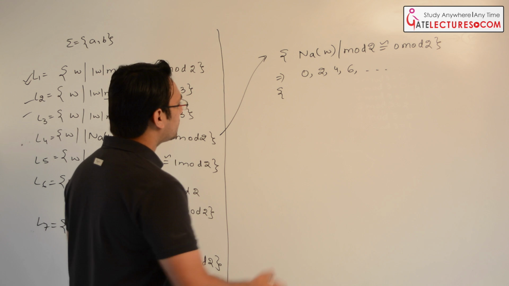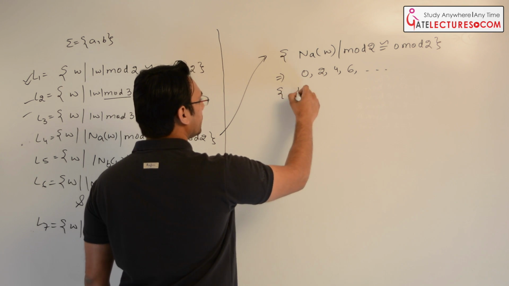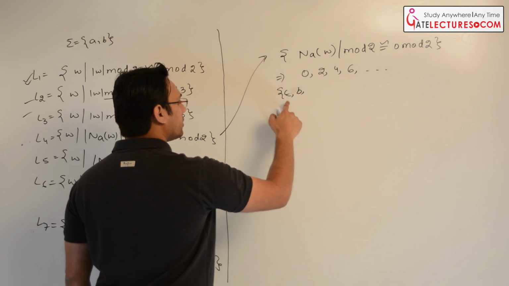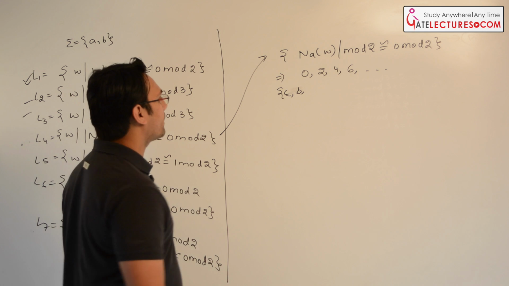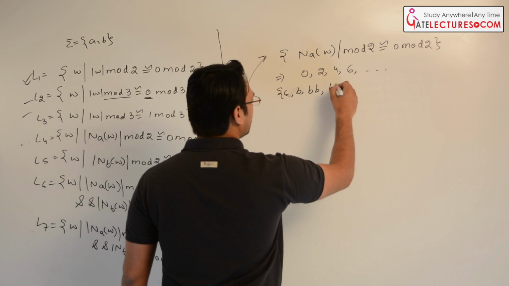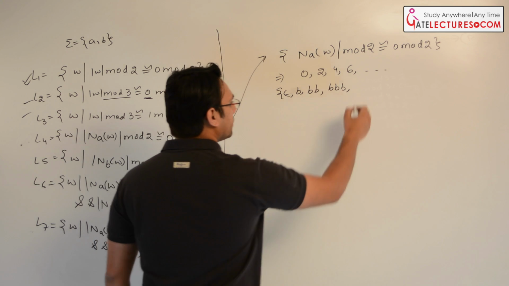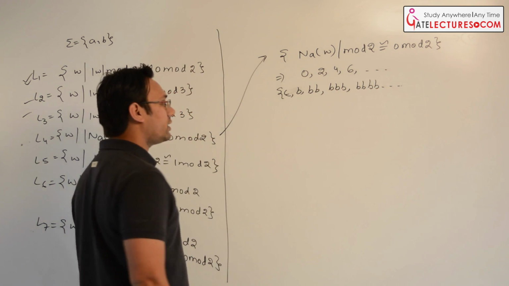The strings will be: we can have a single B, we can have epsilon, because in the case of epsilon we have 0 A's and 0 B's. We can have double B, we can have BBB, we can have four B's, because in all these cases we have 0 A's.